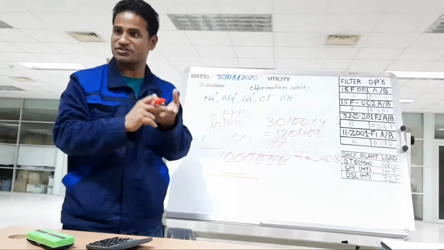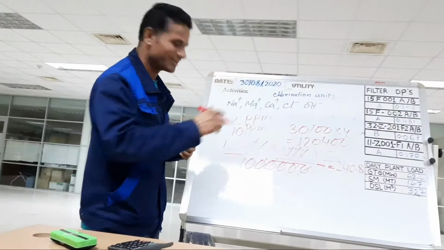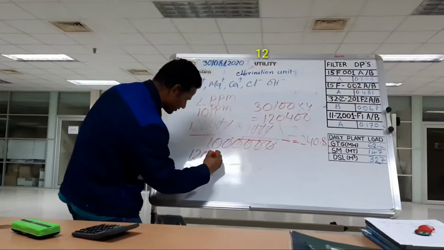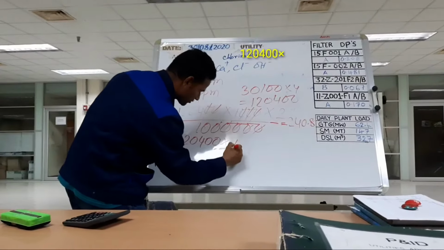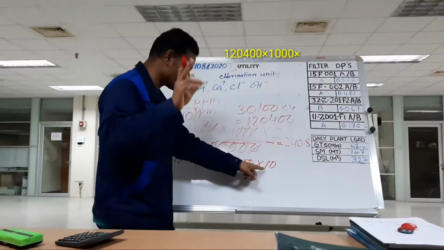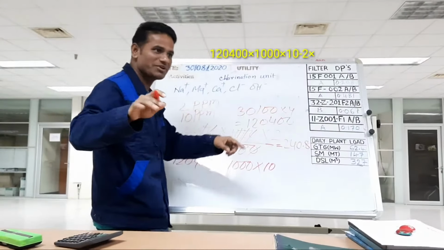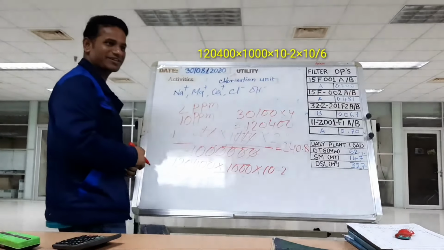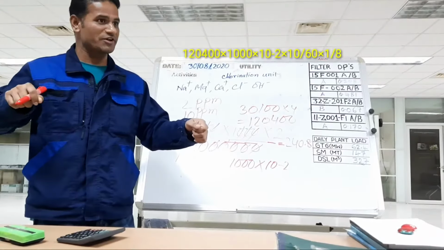Now the mode is continuous and shock dosing. In shock dosing mode, how much chlorine are we producing? This is also one calculation. 1,20,400 converted to kg by 1,000.